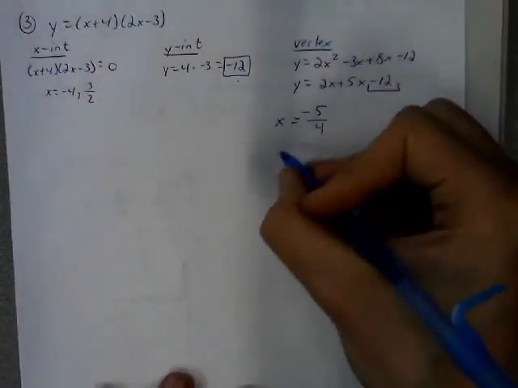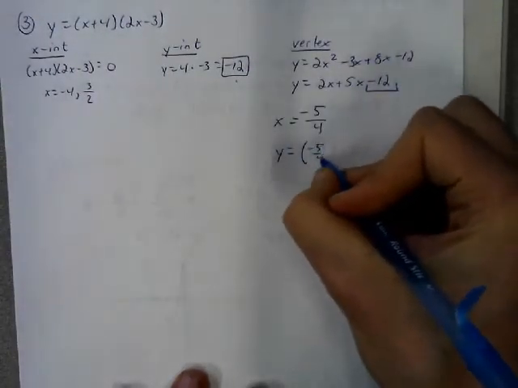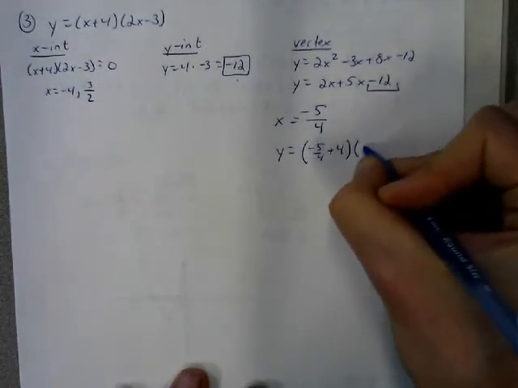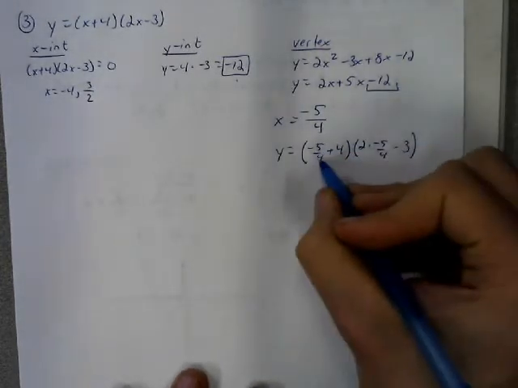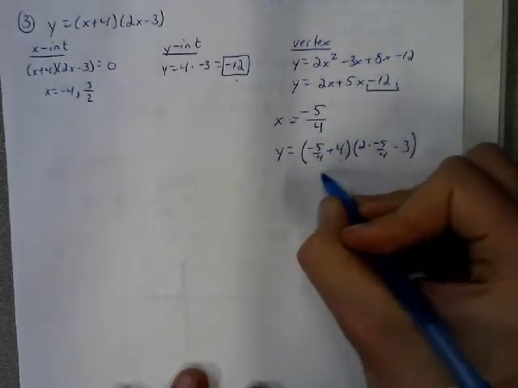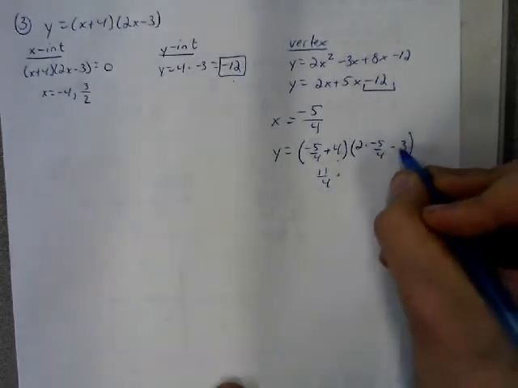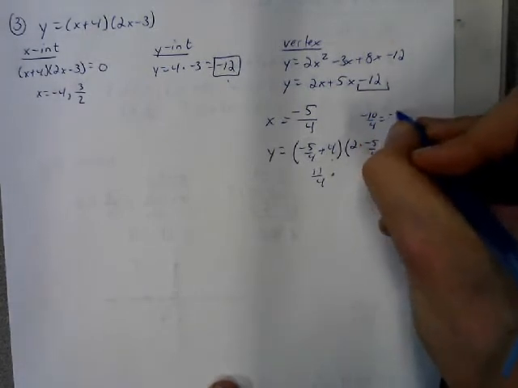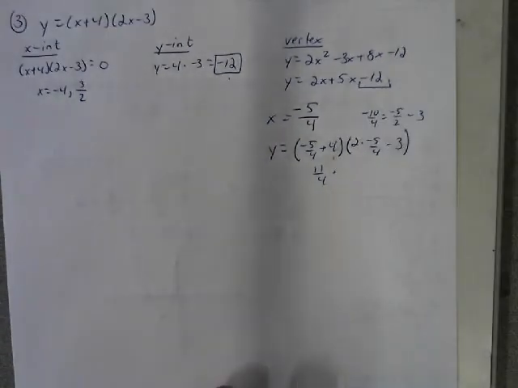We then plug this back in to get the y value. So negative 5/4 plus 4 times 2 times negative 5/4 minus 3. This here is 16 over 4, so it's 11/4, times over here we have negative 10/4, which reduces to negative 5/2, minus 3, so that would be negative 11/2.